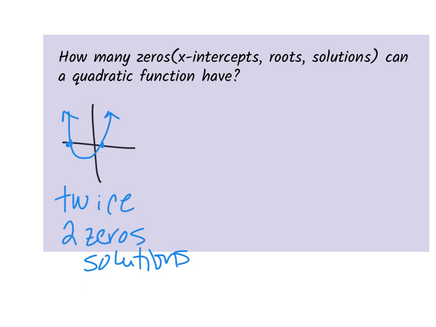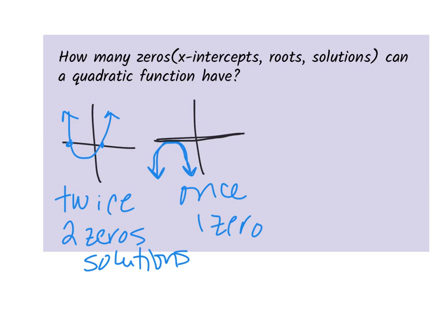But let me draw a better example. Let's do it like this here. I'll try to make sure that I show you all kinds of things that can happen. And of course, we will be assuming that this is crossing here. So it could cross once, in which case it would have 1 zero or 1 solution.